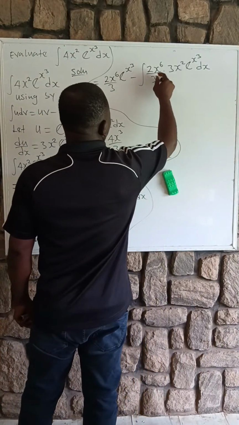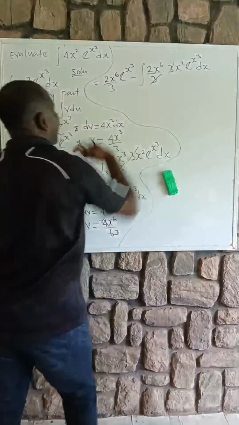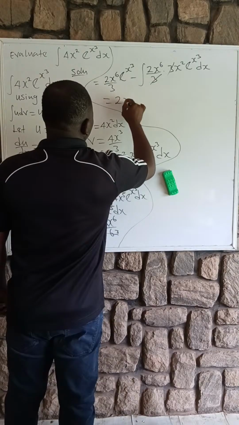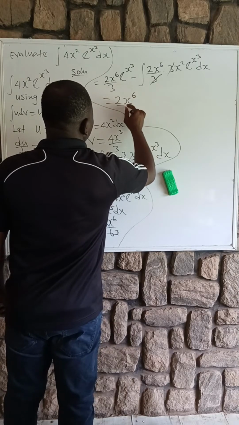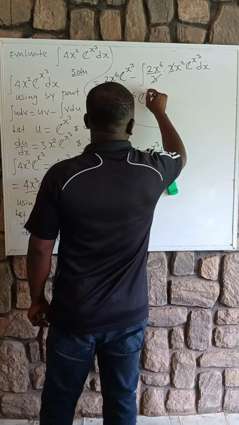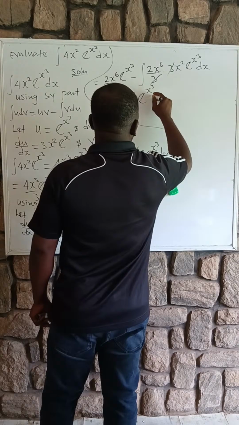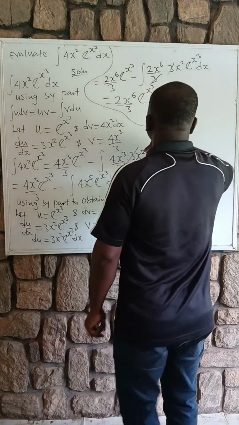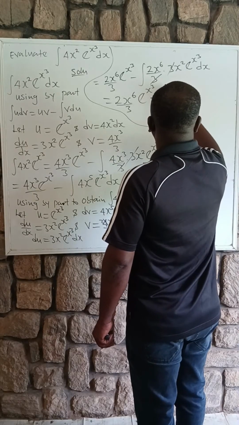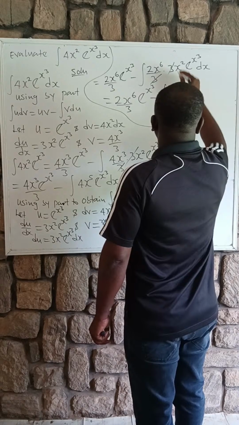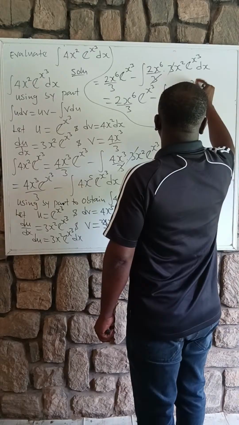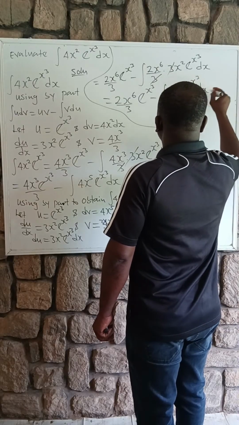So mind you, this and this we cancel, and the integral will now be 2x raised to the power 6 all over 3 exponential x raised to the power of 3 minus integral 2x raised to the power of 8 exponential x raised to the power of 3 dx.